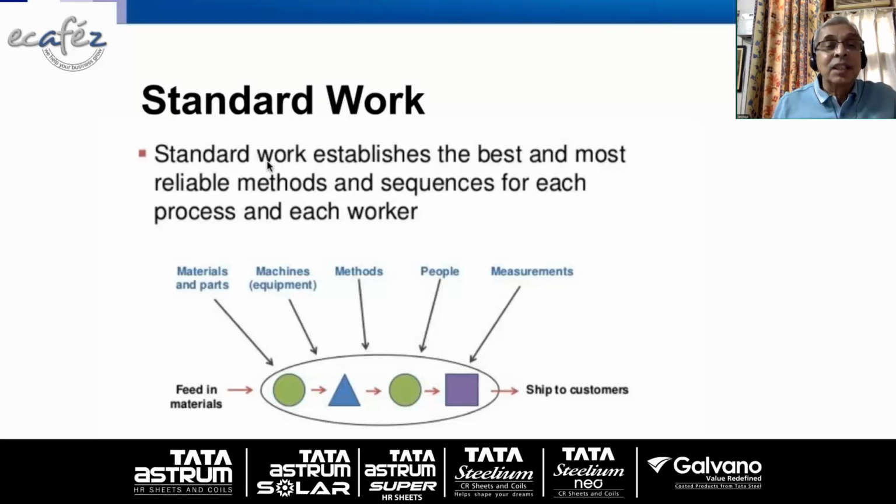So right from the material input to the delivery, the material and parts, machine equipment, methods, people, measurement, everything is quantified and put in a sequence of operation, and for each operation how many seconds are required is given in a sequential way.